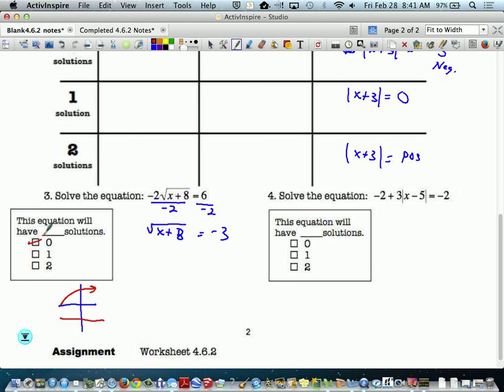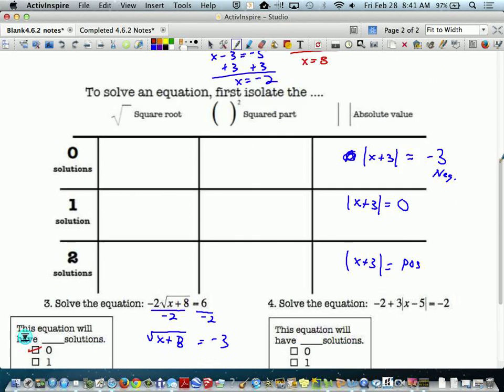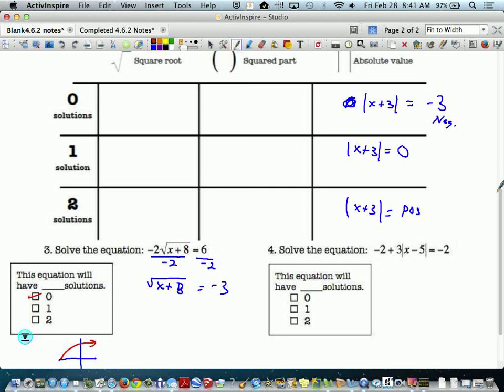So again, in a problem up here, if you have a square root graph, when are you getting 0 solutions? When the square root equals a negative number. Are you ever going to get 2 solutions out of this? If you draw a horizontal line, can you ever hit this graph twice?